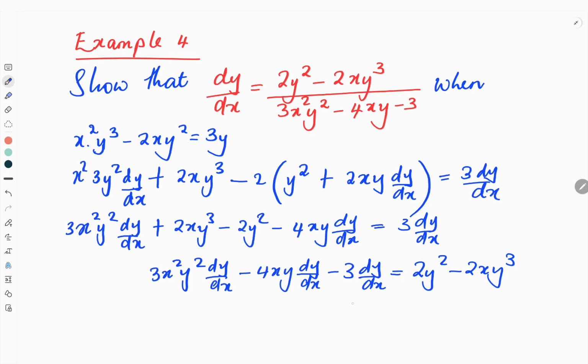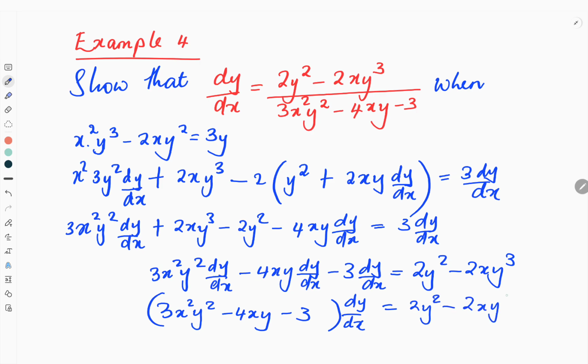Then we factor out our dy/dx. Then we are left with, in the bracket, 3x squared y squared minus 4xy minus 3 equal to 2y squared minus 2xy cubed.